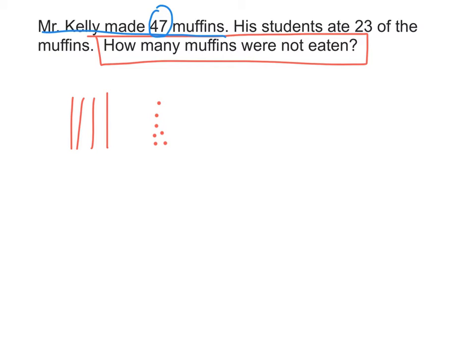We also know that his students ate 23 of the muffins. So 23 of the muffins eaten, that's takeaway or minus. So we need to take away 3 ones, 2 tens.